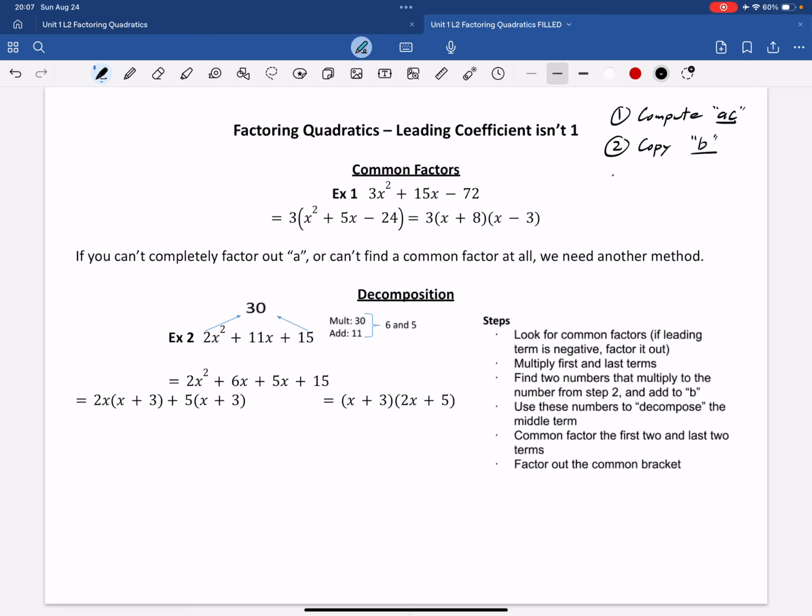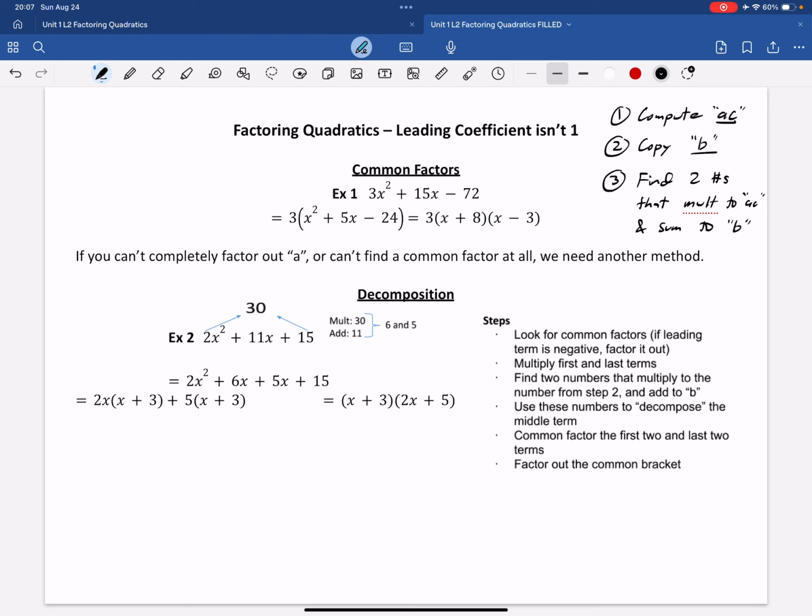And step 3, I'm not going to write out the rest of the examples, but we want to find 2 numbers that multiply to AC, and sum to B.